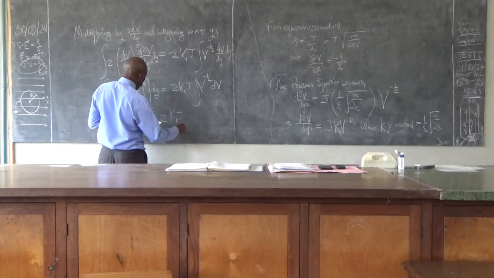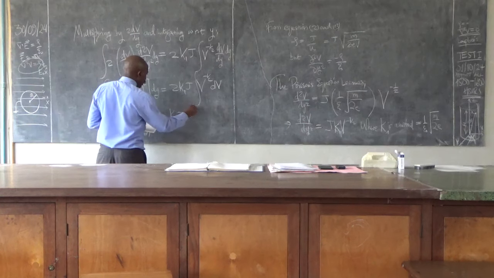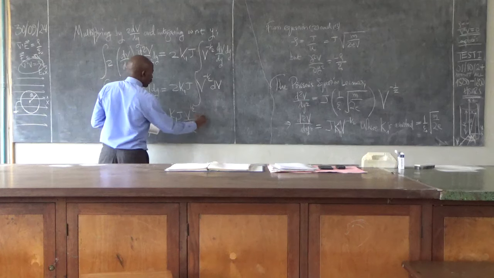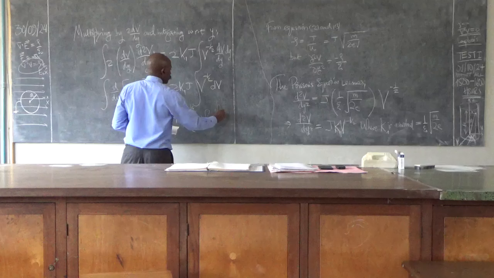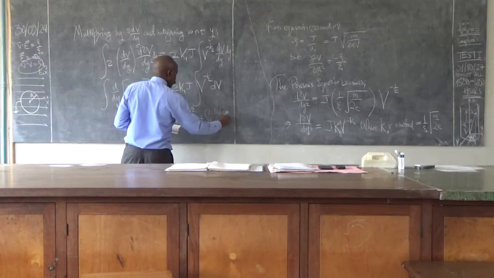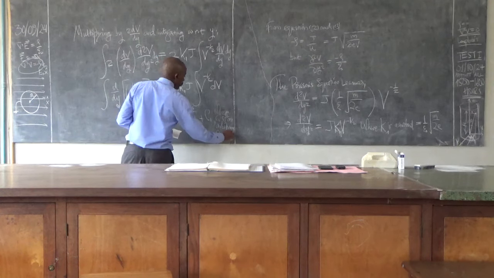So this would be the same as 2 K1 J V to the positive a half divided by a half, plus some constant of integration, where C1 is an arbitrary constant. An arbitrary constant means that it doesn't have to be some particular value; it is some arbitrary constant emanating from the integration.